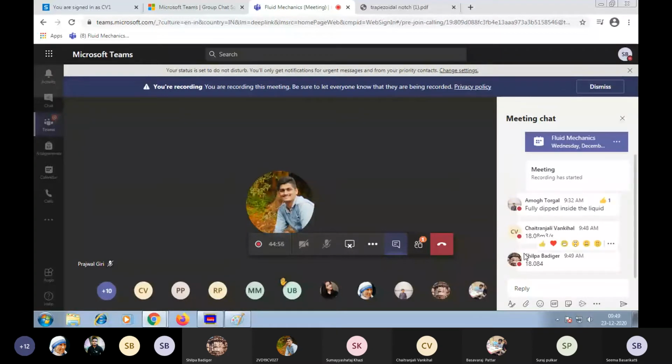Shilpa Badigir, what is the unit for discharge? Meter cube per second.